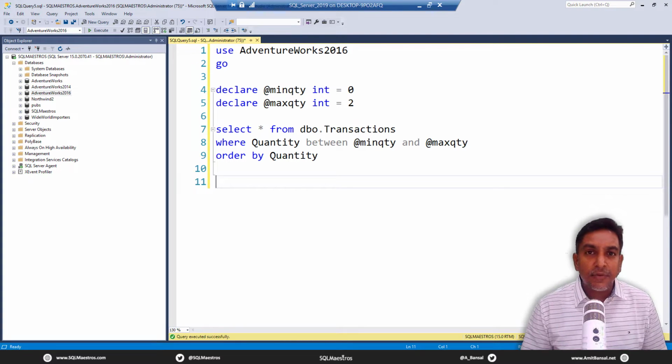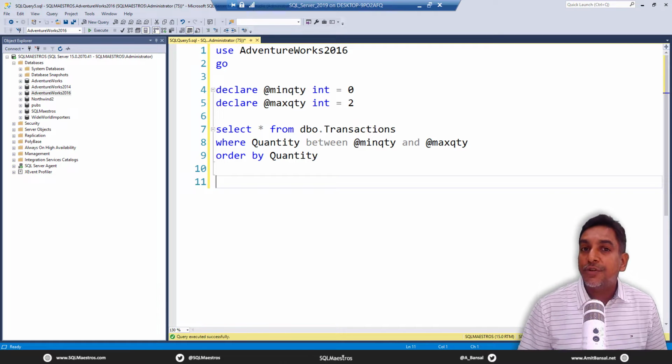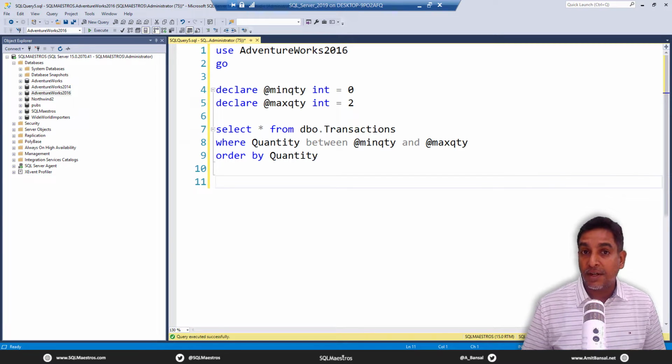Now, let's say for some reason the estimation goes wrong, so the amount of memory it reserves will be incorrect. When the actual execution of the query happens, the execution engine finds that, oh, we estimated only 200 MB, but now the data is like 2000 MB. Then things go bad and SQL Server will start spilling down to TempDB, even though there is a lot of physical memory available for SQL Server.